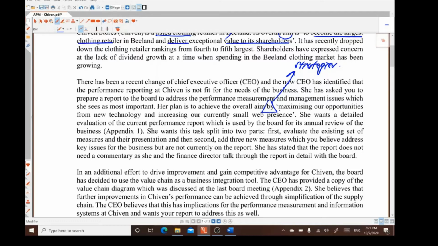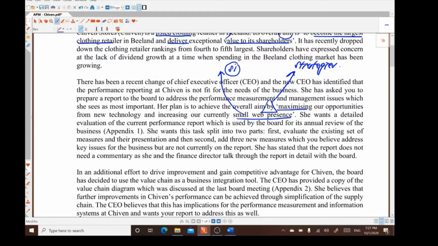Can you see that? Maximize small web presence, and that's going to be S1. This is very much about looking at the presence of web sales, not just the store, knowing that it is increasingly important nowadays.